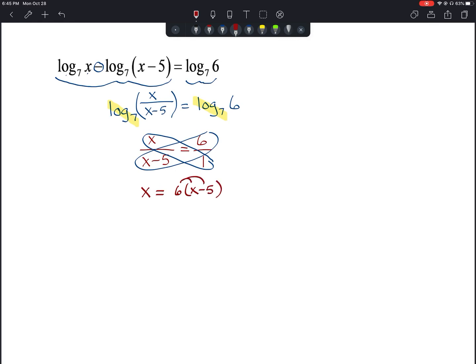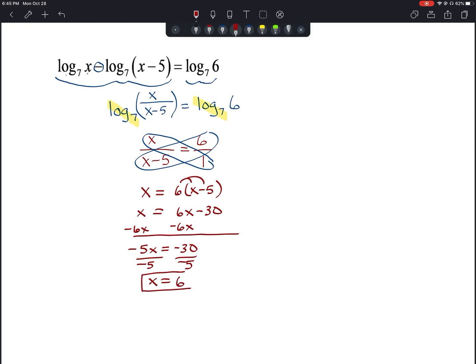Let's go ahead and distribute through. 6x minus 30 should equal x. We'll subtract that 6x from each side. So we have negative 5x is equal to negative 30. So we know that x would have to equal positive 6.